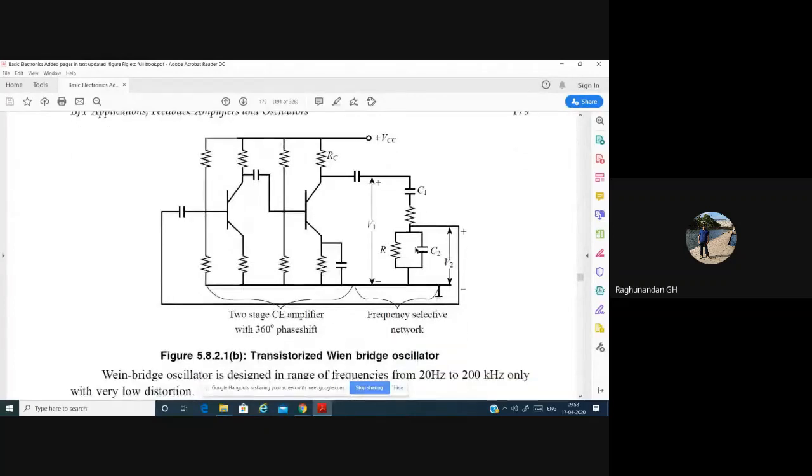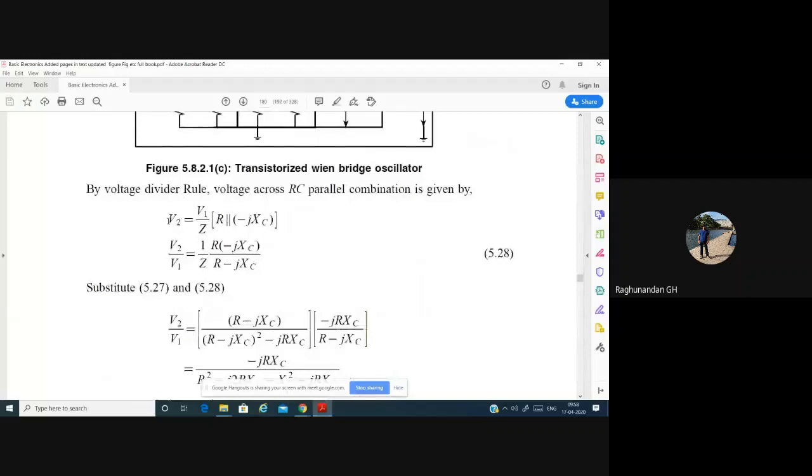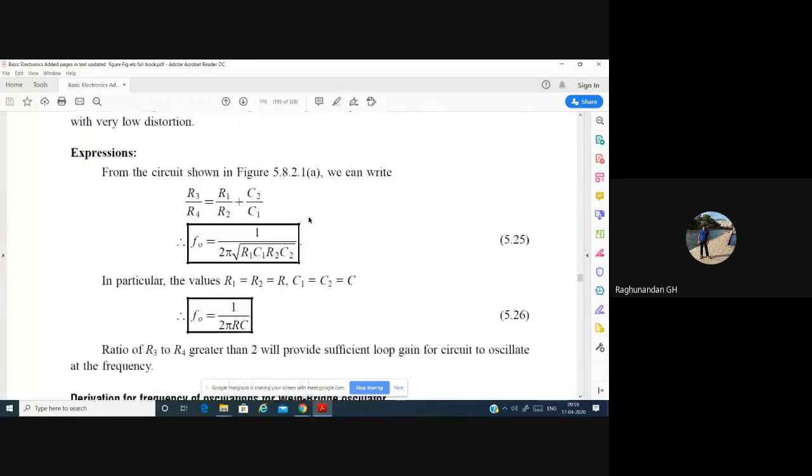Now we'll apply the voltage divider rule, because our intention is to find V2. V2 means the voltage across this network, only this network. So we'll write the equation for that. V2 is equal to the main voltage, V1, which is supplied to the network, into the resistance where you want to find the voltage.